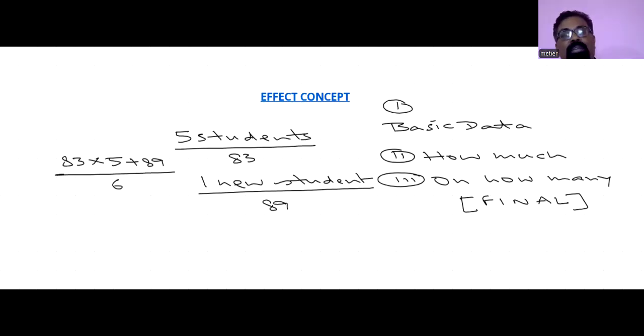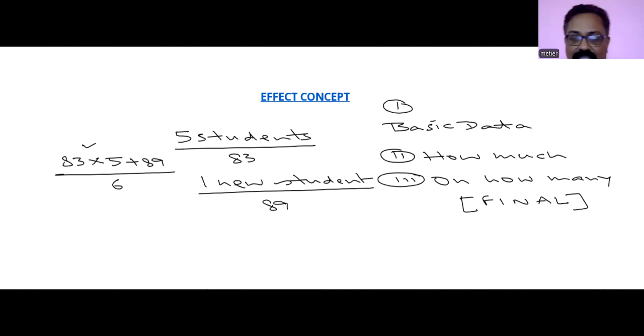First you multiply 83 into 5, then add 89, then divide by 6. Even with good calculation speed, it will take around 1.5 to 2 minutes, right? You may not always get suitable data, so this effect concept will help you avoid this.